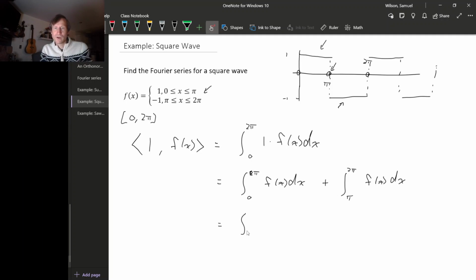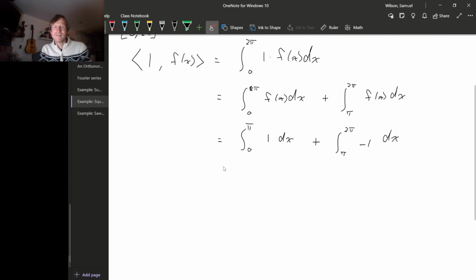So from 0 to pi, the function is just 1, so we get a 1 here, plus the integral from pi to 2 pi. Now the function is just -1 from pi to 2 pi. And then when we do these integrals, we get pi and minus pi. So this is 0.